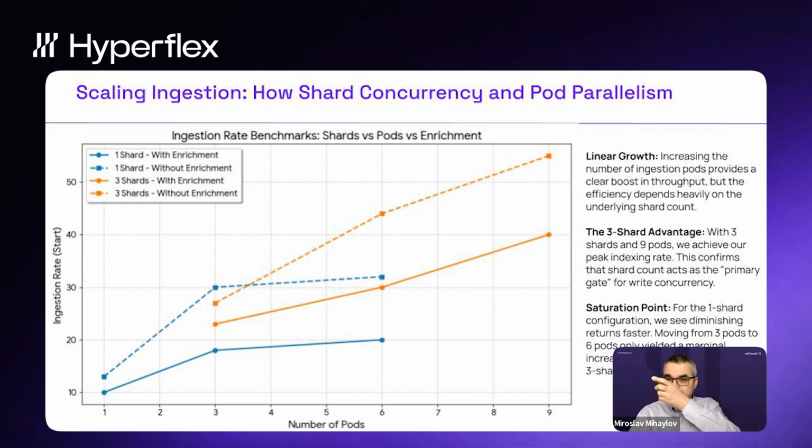The gist of this is that by moving from 1 pod to 9 pods, it scales linearly when you have many more shards. For a single shard, with a single pod and then 3, we have some increase, but when you go from 3 to 6 pods, it's kind of saturated. It didn't even make sense to try 9, because most likely there are some other bottlenecks here, probably the CPU and the disk and how much it can write.